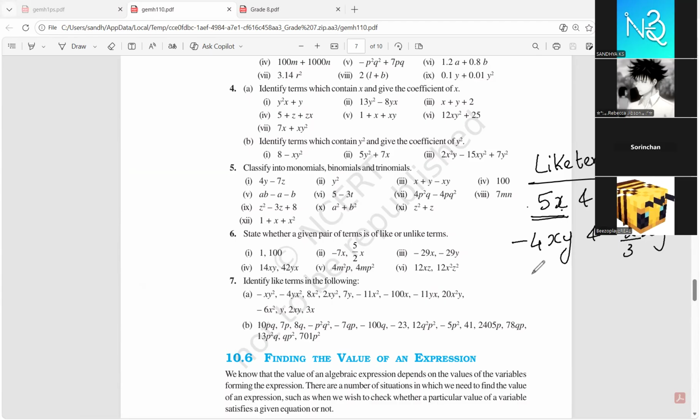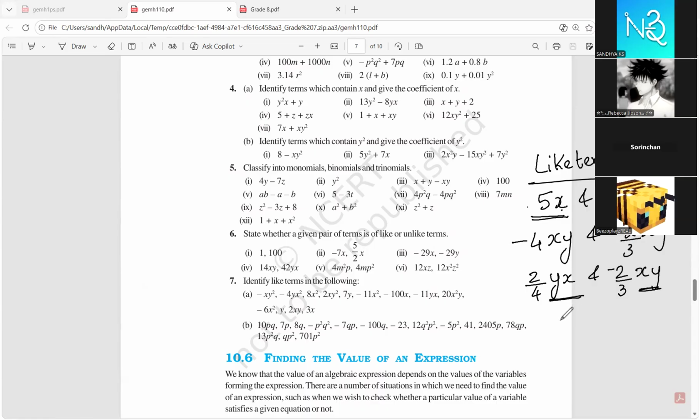If it is 2 by 4 yx and minus 2 by 3 xy, are they like terms? They are like terms because yx and xy are the same. Y into x and x into y are the same because multiplication is commutative. So it is a like term only.